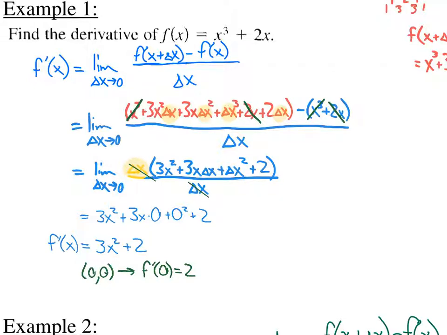But I could also do, say, the point 1, 3. Okay, the point 1, 3 is on the original function, but what is the slope at that point? Well, I just plug in a 1, and I get 3 plus 2 is 5. Okay?